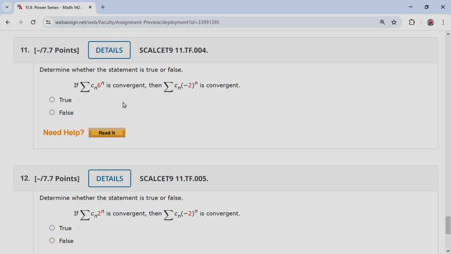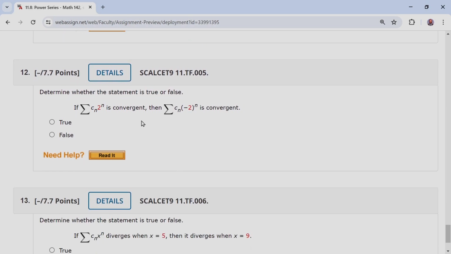So I'm going to say true here because of the fact that this 6 is, right. View this as a power series. This is the easiest way to view it. View it as a power series, Cn x to the n. Well, if you just have x to the n here, this 6 is saying that a point 6 units from the center converges. Does a point 2 units from the center converge? Yeah, for sure. So that's the way to think about it.